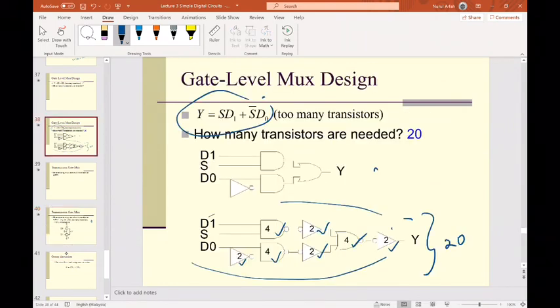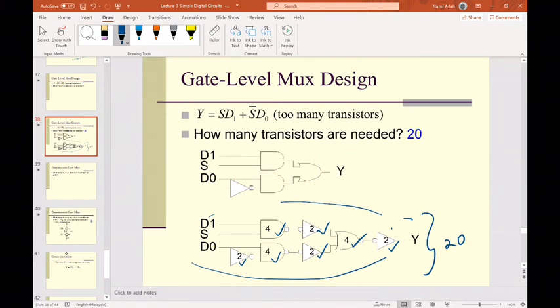Here. This is known as static CMOS or complementary CMOS, where for each gate you have the PMOS and the NMOS, connected the way that we showed earlier. So this one uses 20 transistors, and the transmission gate uses much fewer transistors.